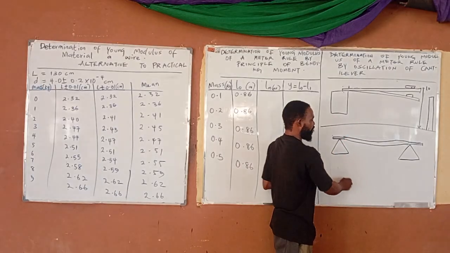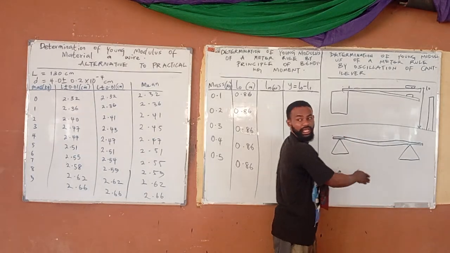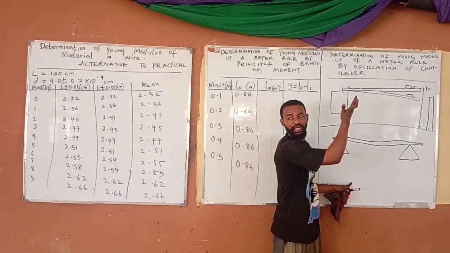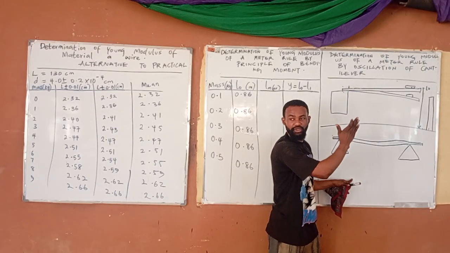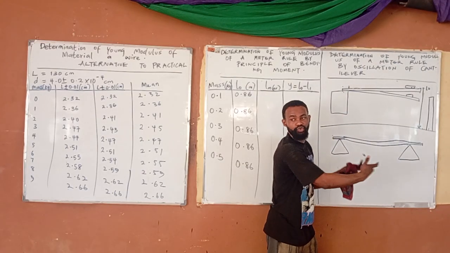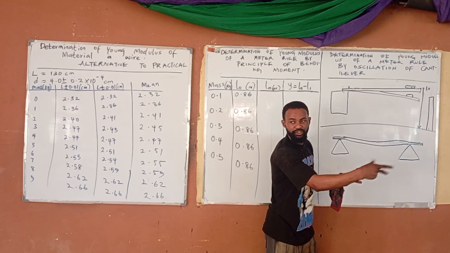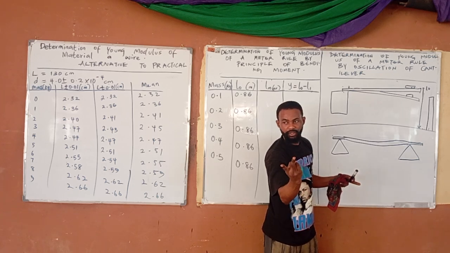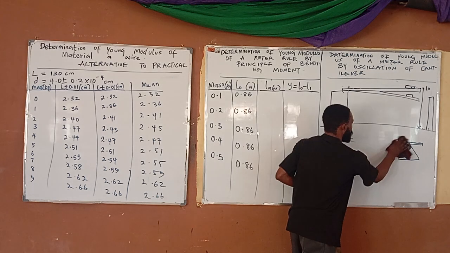So I'm taking L1 to be when it's decreased, L2 to be when it's going back. By the time I finish those two setups, I add the two and divide by 2 because it's two things. So that is for that one.